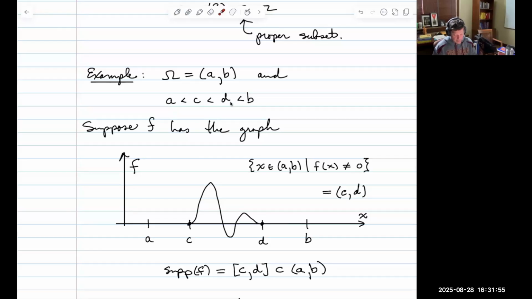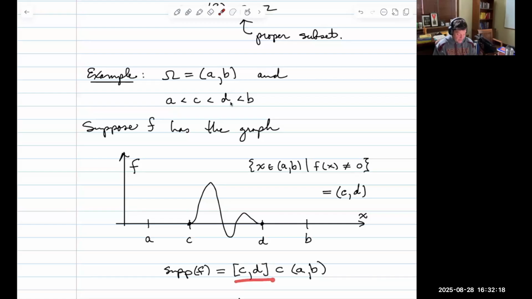The only limit points that don't already exist in the set are the endpoints c and d specifically. So that's why I say down here, the support of f is equal to the closed interval from c to d.